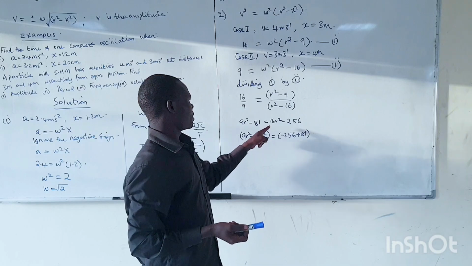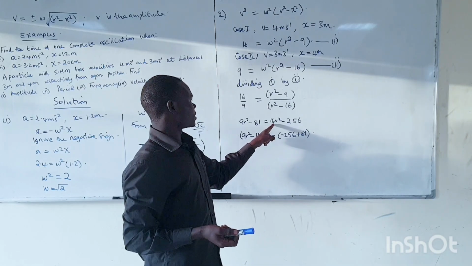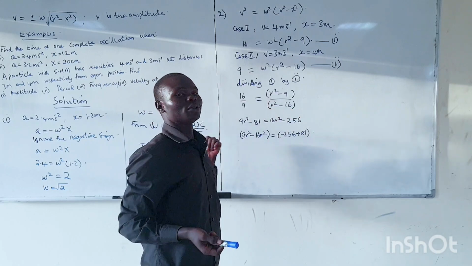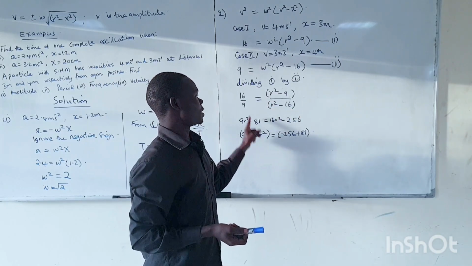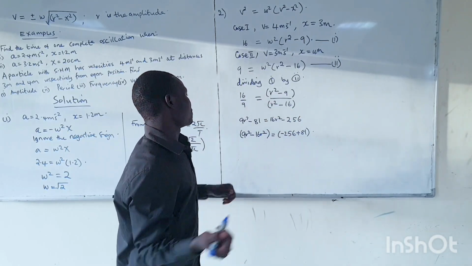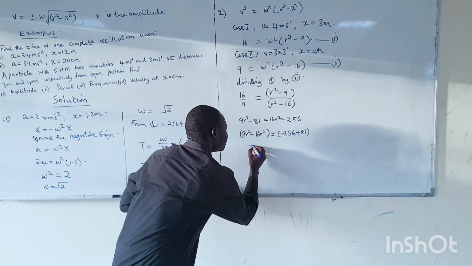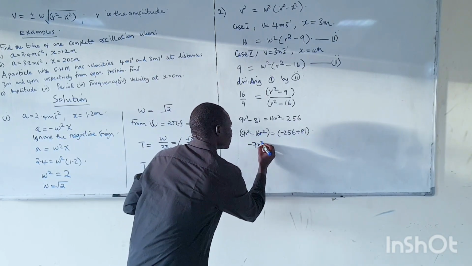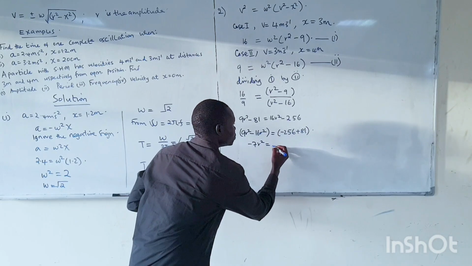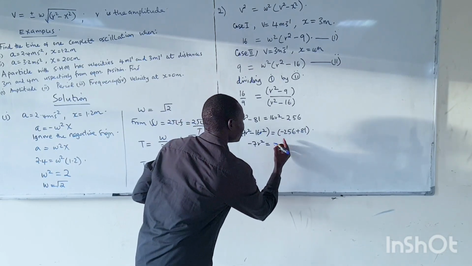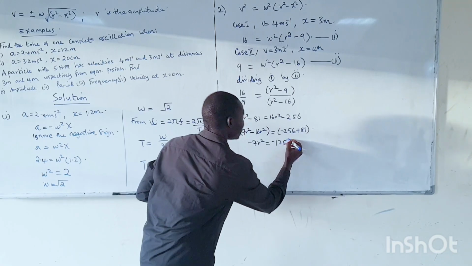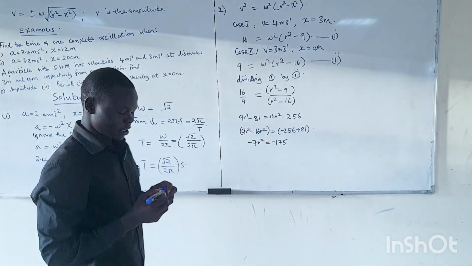That is why the negative sign was brought to this 16r squared, because it has crossed the equal sign. Just like 81, it changed to positive. Now from here, we shall have negative 7 after subtraction r squared is equal to negative 175.